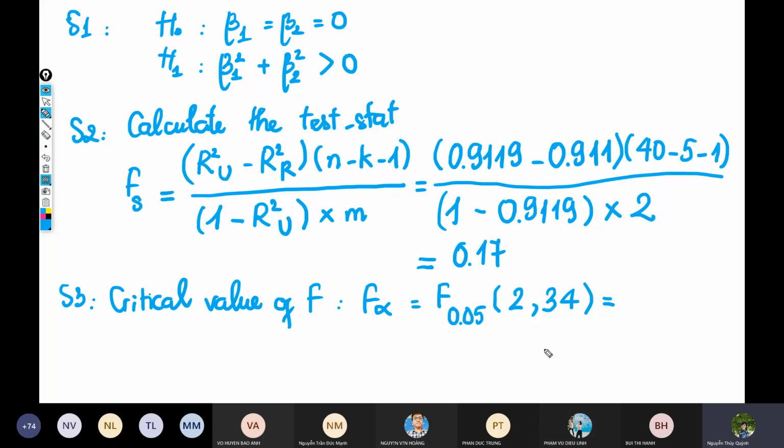In the parentheses, please provide the level of significance and the two degrees of freedom. The first degree of freedom is the numerator degree of freedom, that is 2 in this exercise.